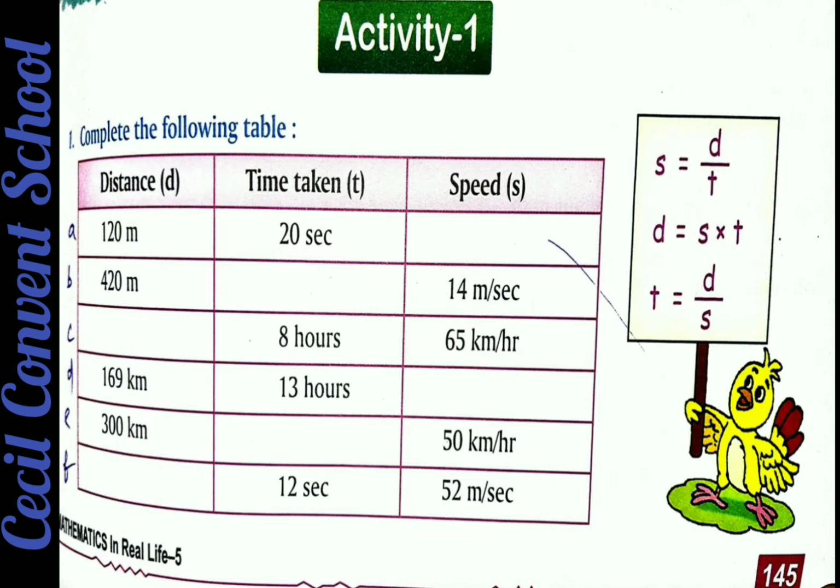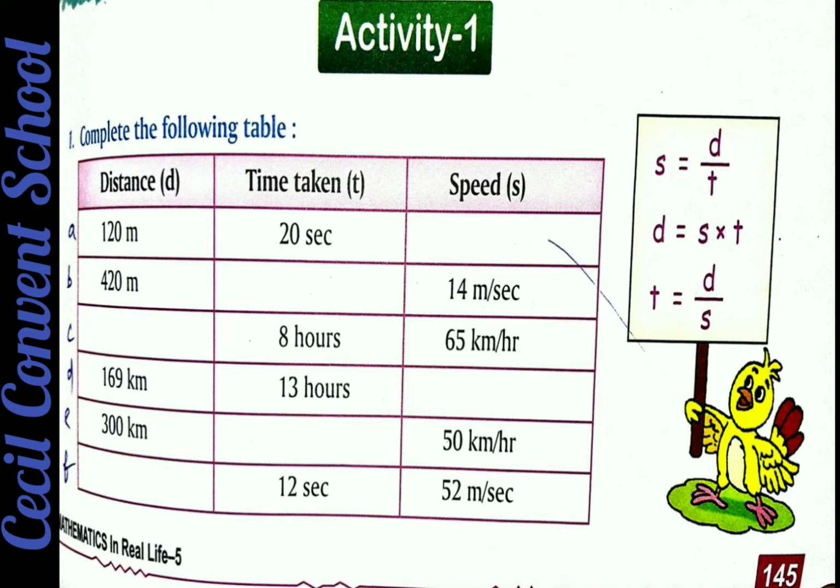Now students, see this question. Here you have to complete the following table. In some parts distance and time are given and you have to find speed. In some, time and speed are given and you have to find distance, and in some, distance and speed are given and you have to find time.